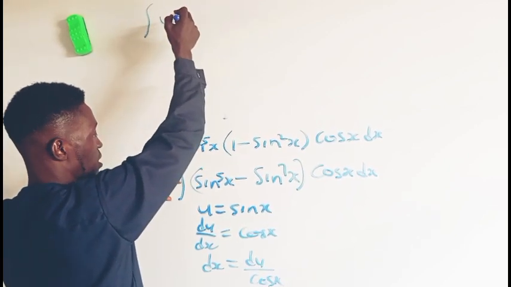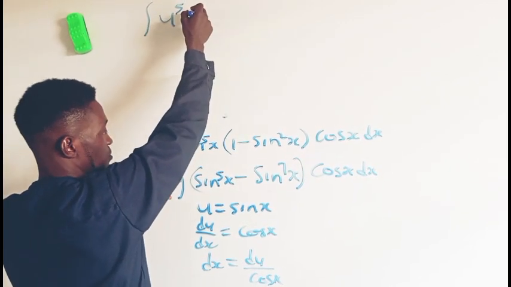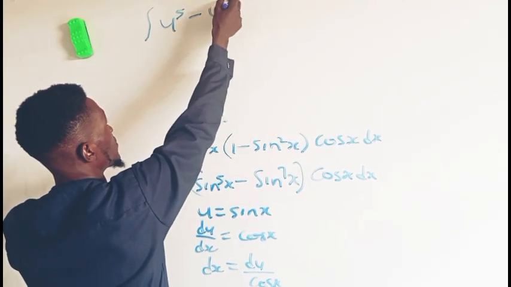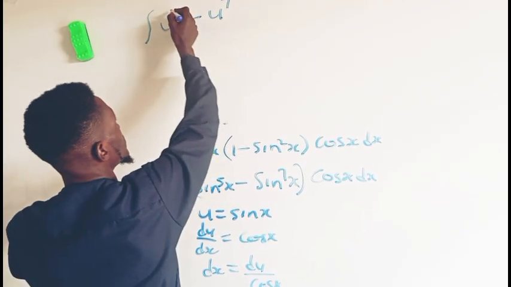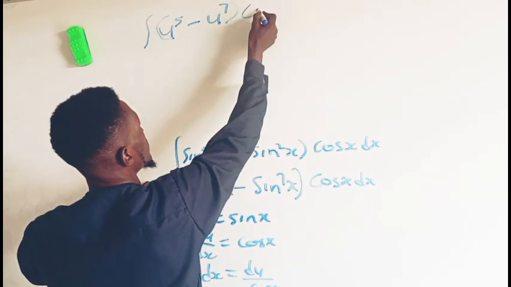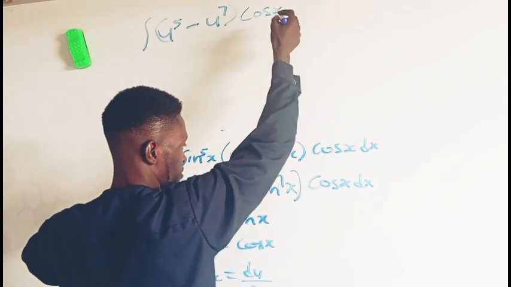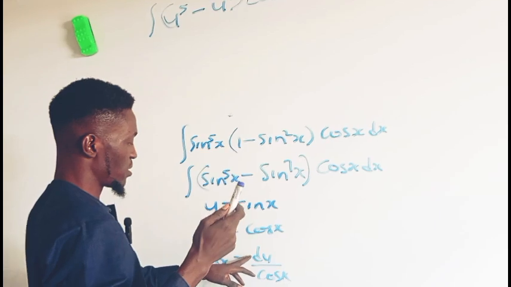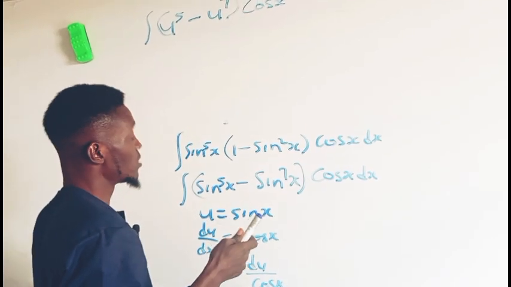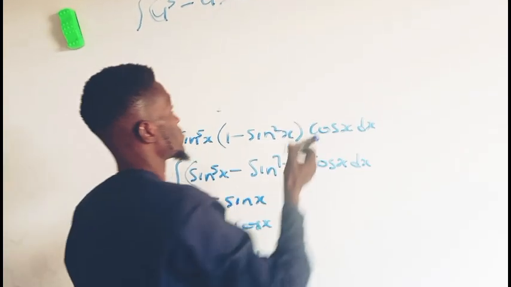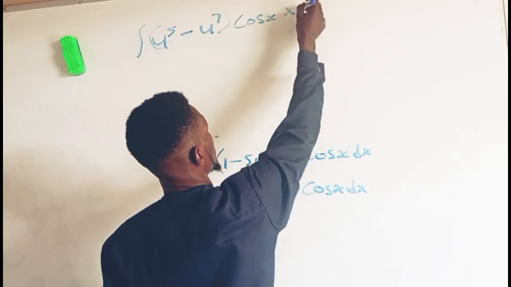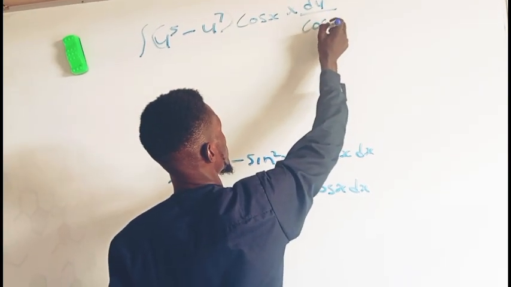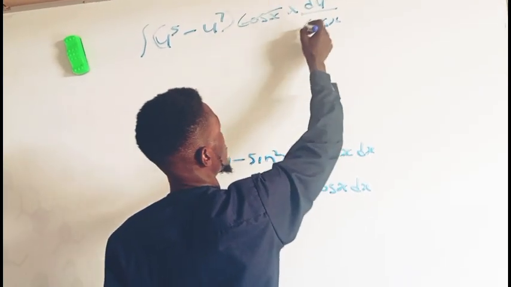This is u raised to power 5 minus u raised to power 7, times cos x, and the dx. Anytime you see the dx, replace it with du over cos x. So this cancels this.